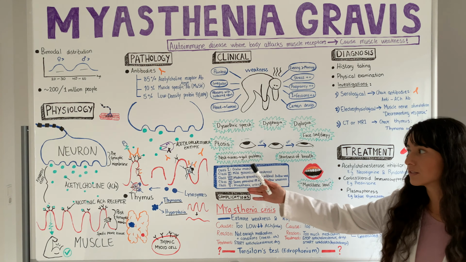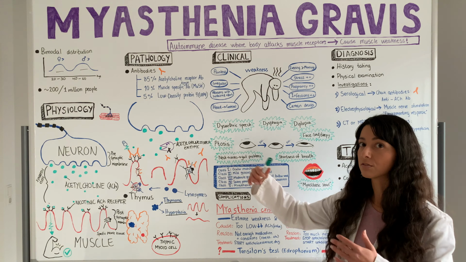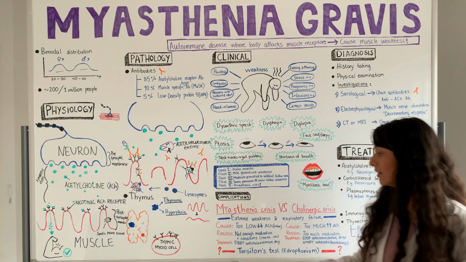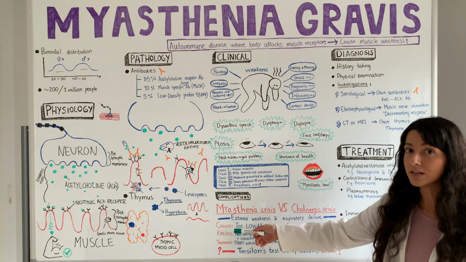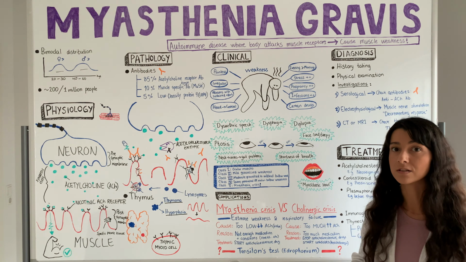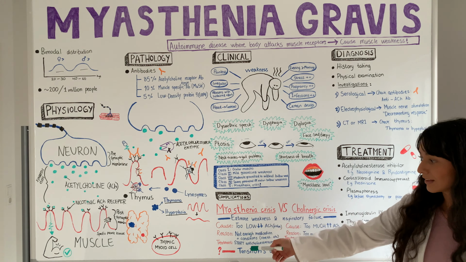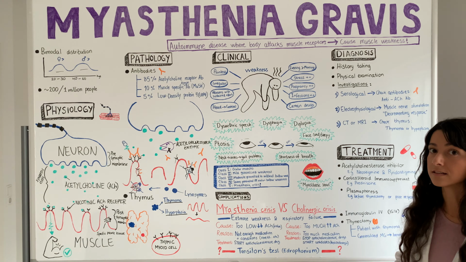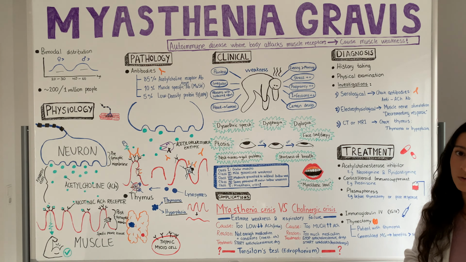So if we give the patient hydrophonium and the patient has myasthenia crisis, we will see improvement in this patient after a few minutes, because we block this enzyme and increase the level of acetylcholine. In that way, we'll improve the patient's condition, because as I said, the cause of myasthenia crisis is too low acetylcholine.